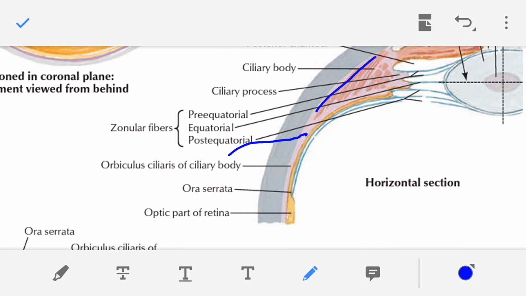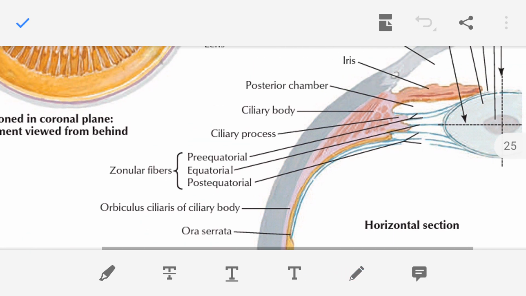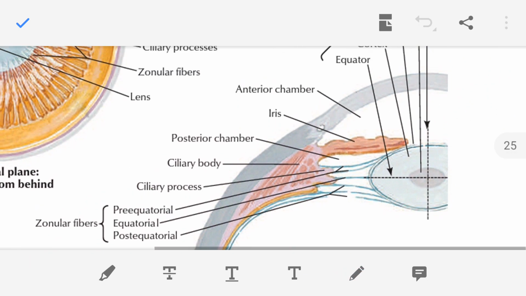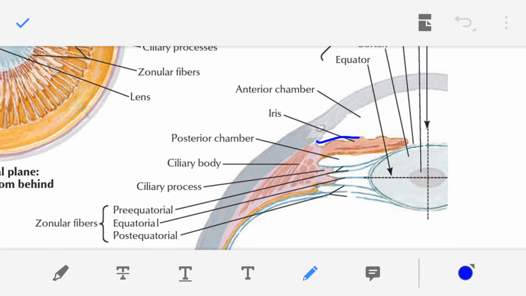This portion is the ciliary body, and this portion is the iris.